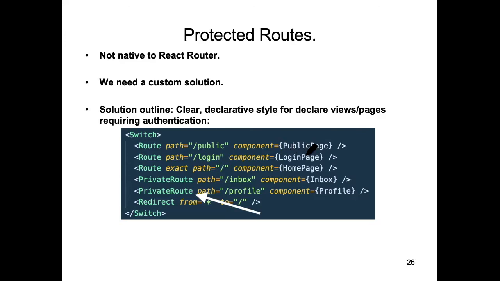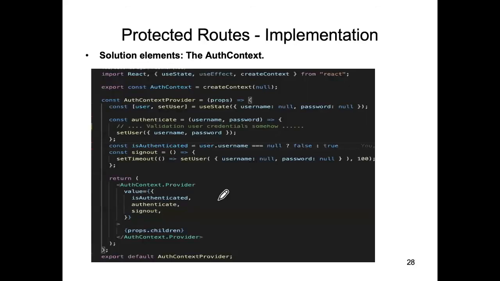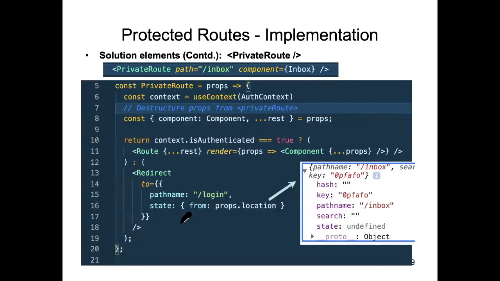Now, when the login page is loaded, what I'd like to do is to pass on to that login page where the user was trying to access before we redirected them to the login page, which is this kind of remember feature. And that is what's going on here.